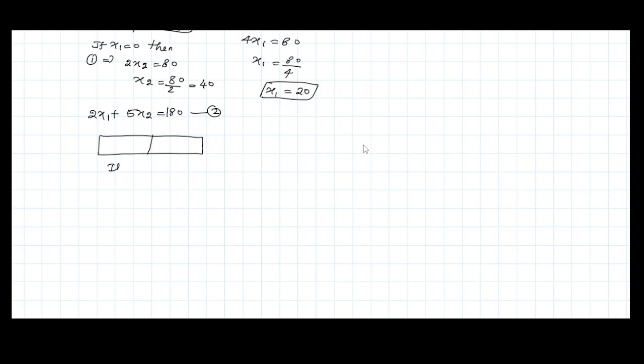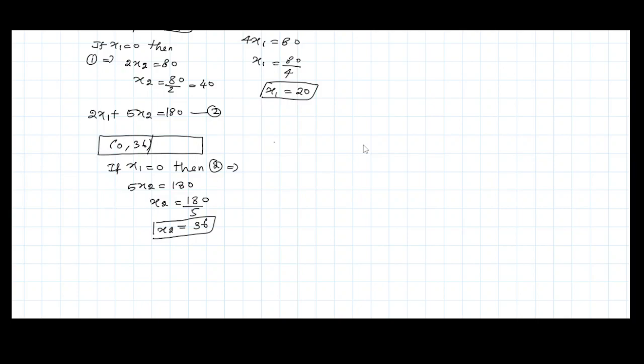If x1 equal to 0, then equation 2 becomes 5x2 equal to 180, so x2 becomes 180 divided by 5, which is 36. Which is 0 comma 36.